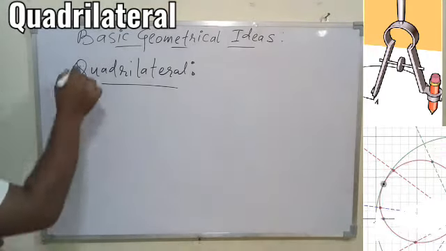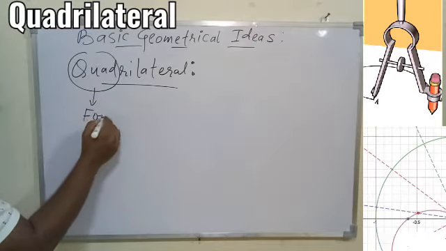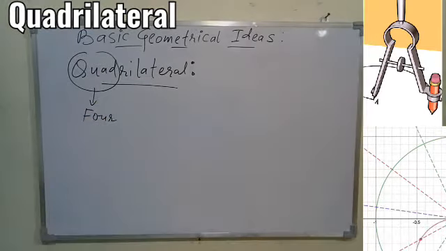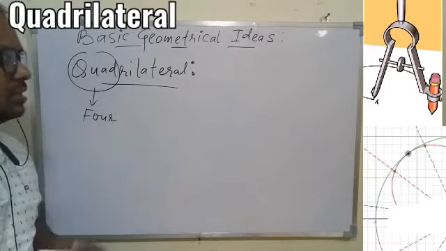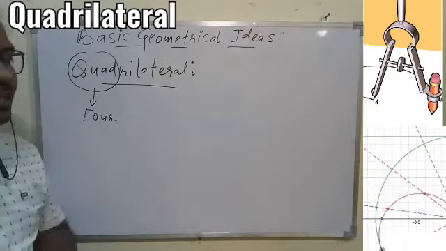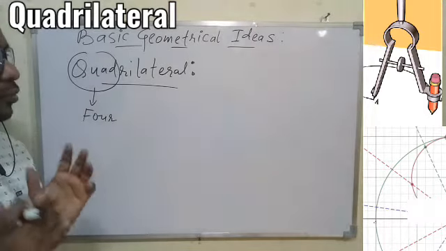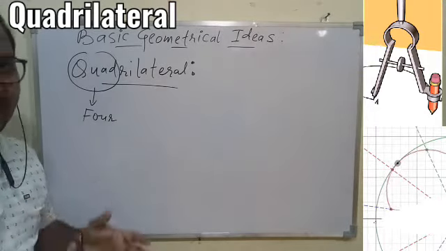In general, this word has quad, which basically means 4. It is nothing but a closed figure, a closed curve that we understood, and that closed curve is made up of only 4 line segments.